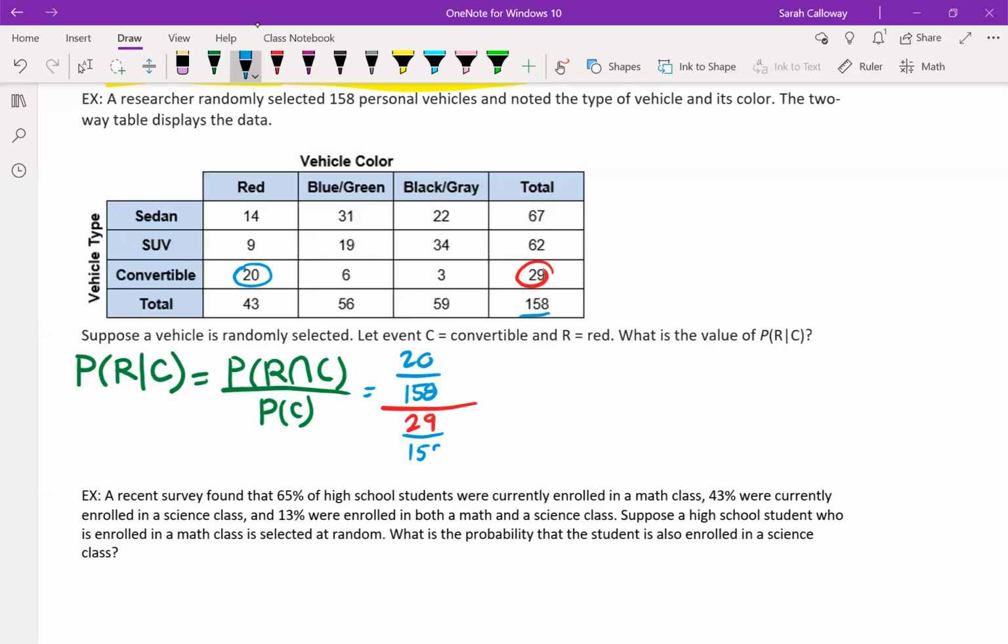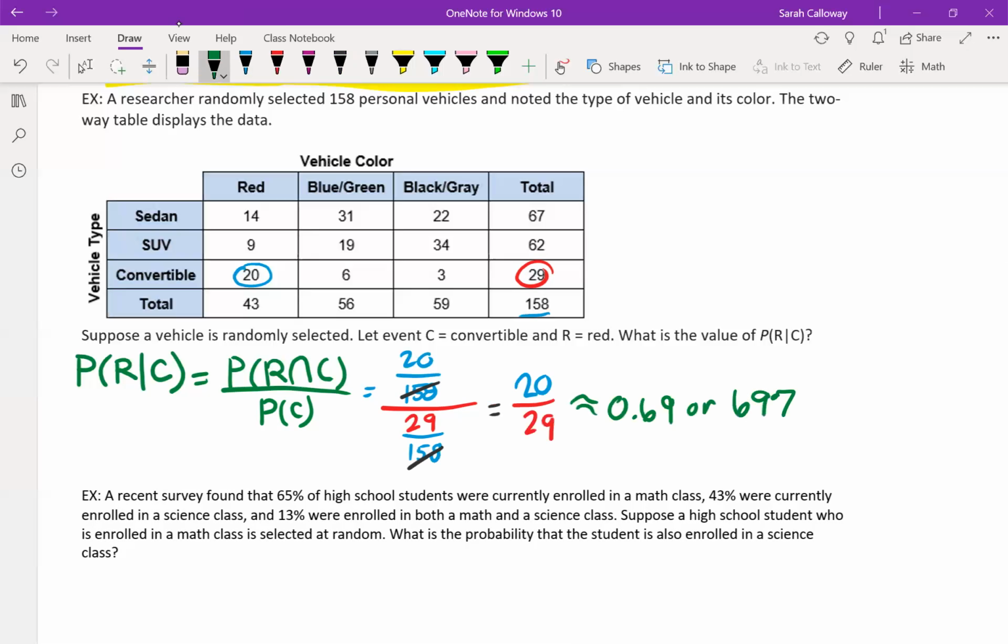When I have a fraction like this, if my denominators are the same, I can reduce them instead of having to calculate the values. So then I could do 20 over 29. If I calculate that as a decimal, that's about 0.69 or 69%.